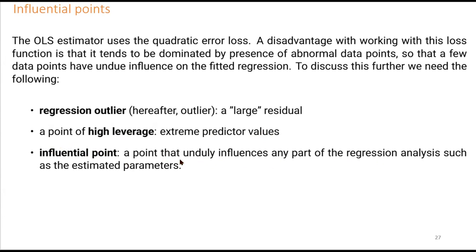And when people talk about outliers outside of regression, they usually mean that the point is influential. But we'll make a distinction here, because it turns out that a regression outlier need not be an influential point.